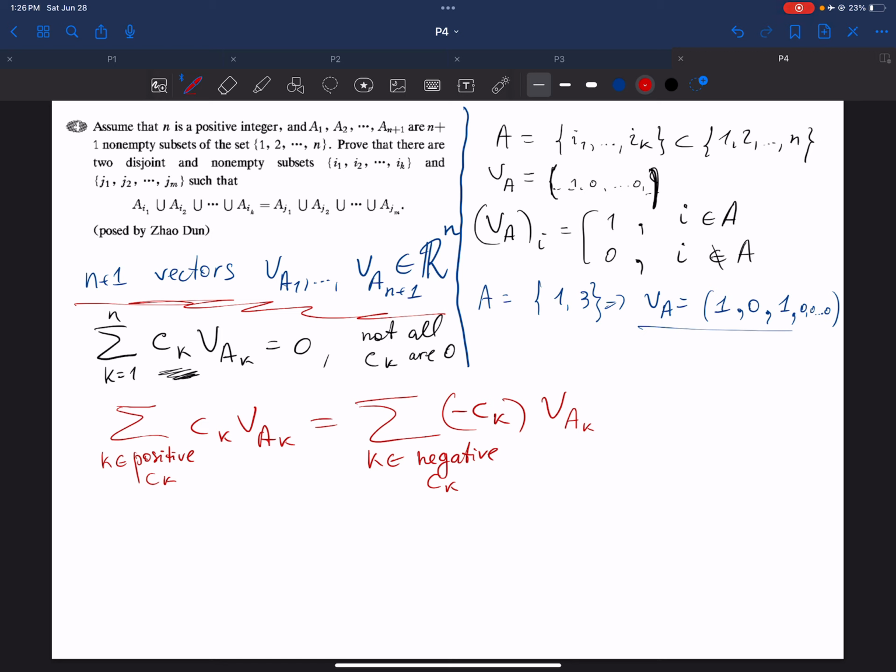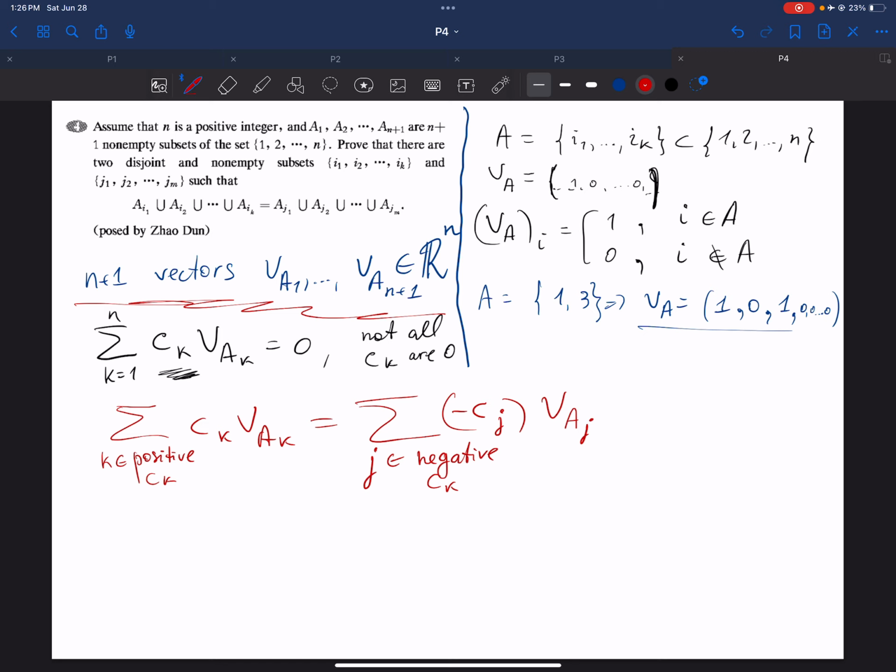Let me actually use a different letter here for the index, just to emphasize that this is a different set of indices. On the left we have indices that are positive, on the right we have indices that are negative. Let's call them J. So these are strictly disjoint sets of indices.